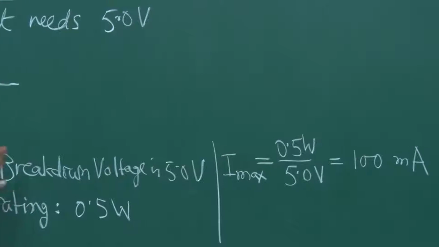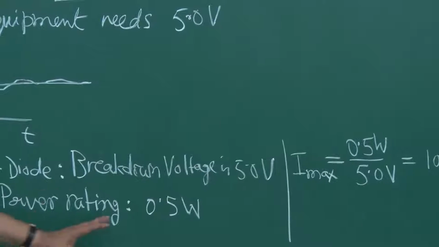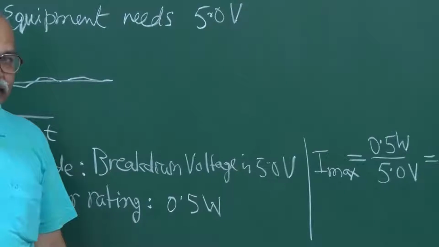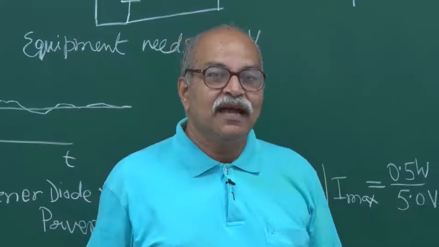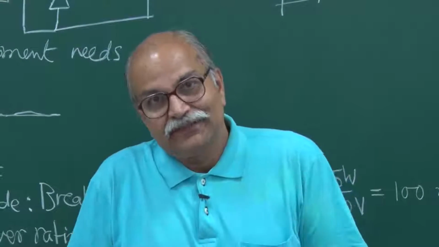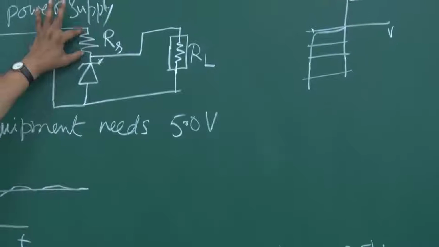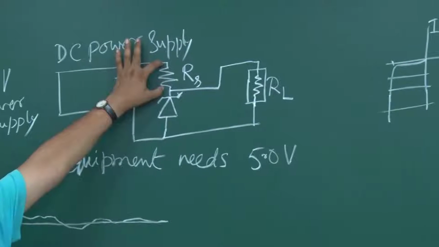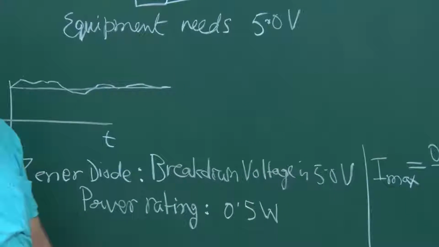So if the breakdown voltage is 5.0 volt and power rating is 0.5 watt, you are requested not to send more than 100 milliampere current in this Zener. So this RS, this resistance, is put to ensure that the current does not exceed 100 milliampere.